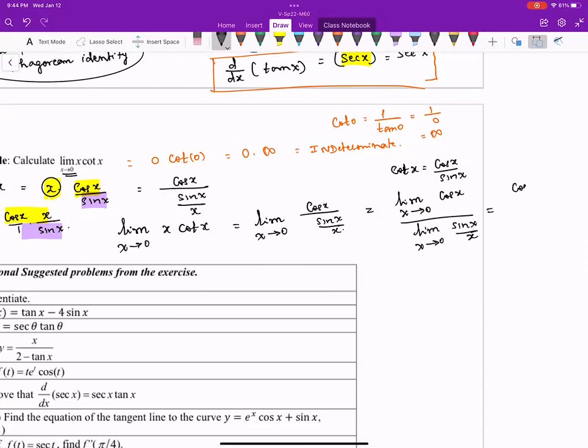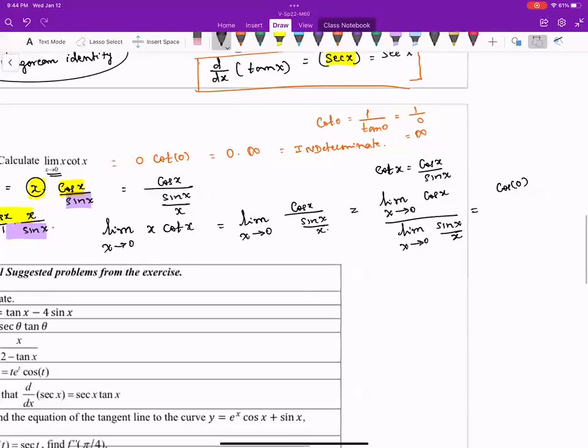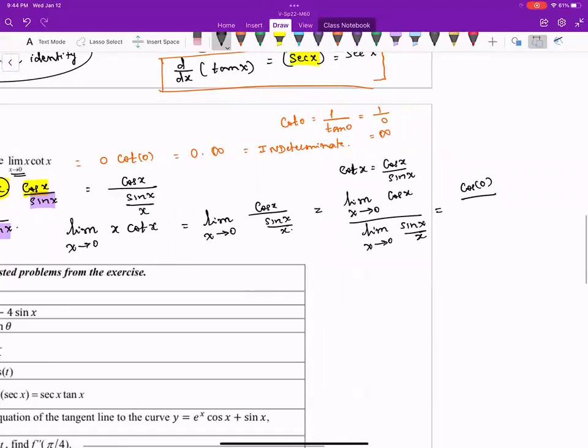For the numerator, you can directly plug in. The denominator, from the condition we mentioned, is equal to 1. What is cosine 0? 1. So the value of the limit is equal to 1. What do we conclude? The limit as x approaches 0 of x times cotangent x equals 1.